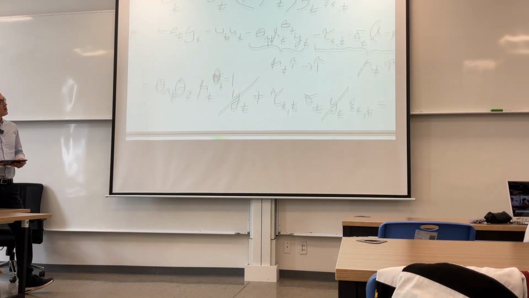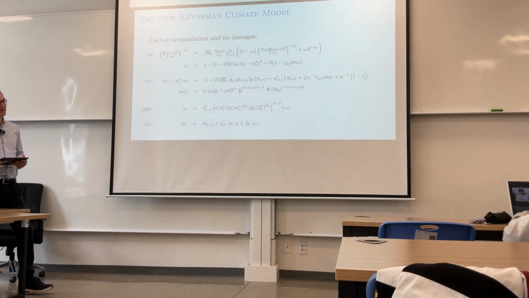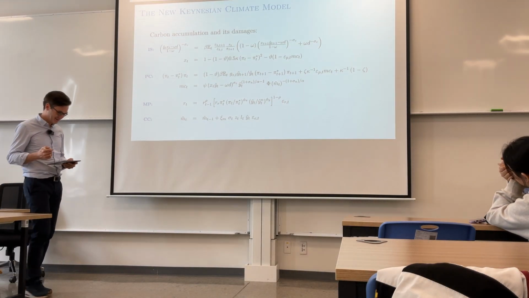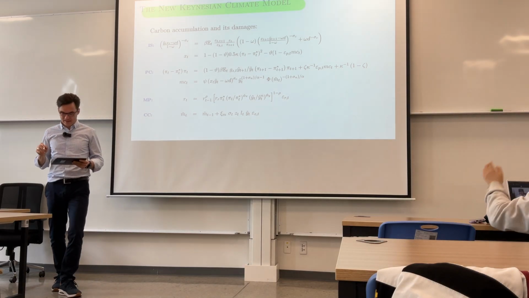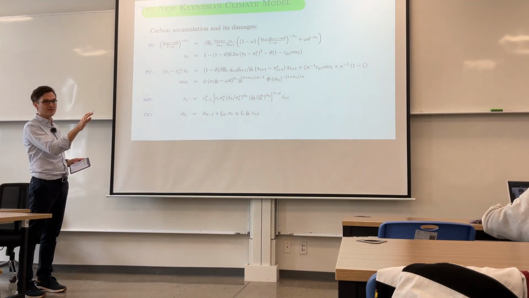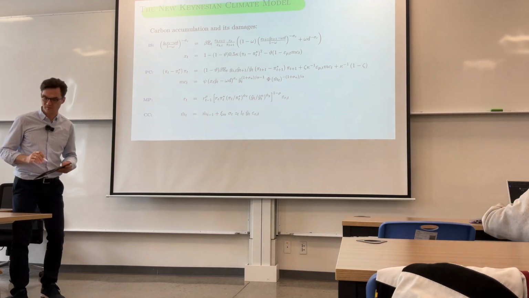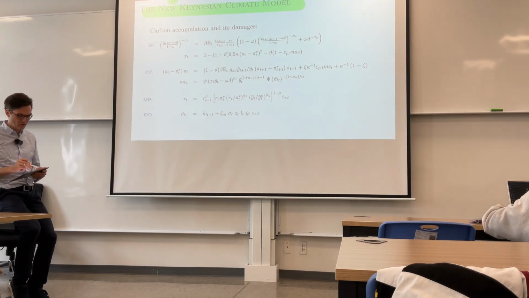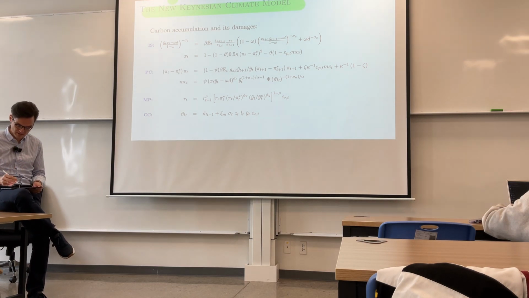Now let's take a look at what happens in this economy to our beloved little equation. So now, very importantly, this is how the economy looks without abatement or carbon taxes. Here we're just going to learn what climate change does to the economy. So let's write this down.